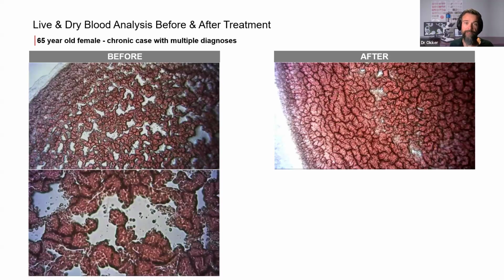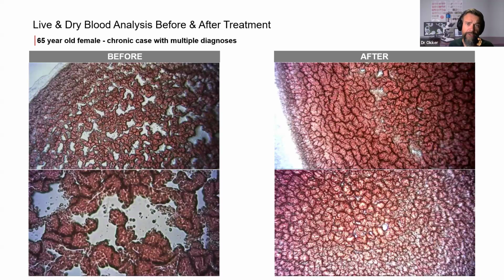All right, and then the dry blood images here, very interesting in this case in dry blood analysis by looking at how many white areas form in the dry blood sample. We can see all those white areas on the top left-hand side there. If they are large and irregular and interconnected, that's usually connected to the risk of degeneration.